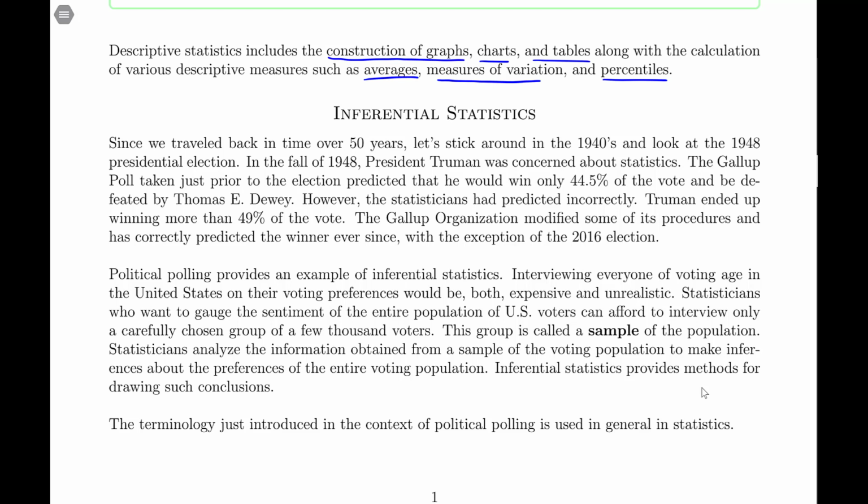If you guys recall the 2016 election, it was widely expected that Hillary Clinton was going to win that election. Nobody thought that Donald Trump was going to win. I even think that I remember seeing a Gallup poll that said that they predicted that Hillary Clinton would win almost 90% of the popular vote.